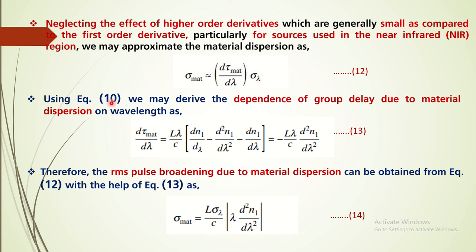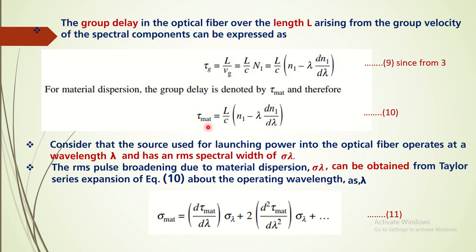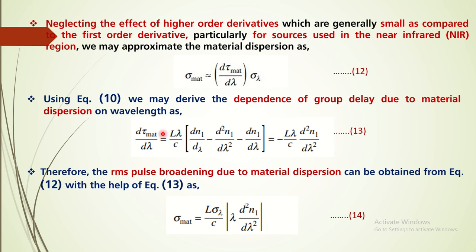Using equation 10, we may derive the dependence of group delay due to material dispersion on wavelength as d tau mat by d lambda. Here tau mat is given by equation 10, and I am going to differentiate tau mat with respect to lambda. If you differentiate, you will get equation 13.